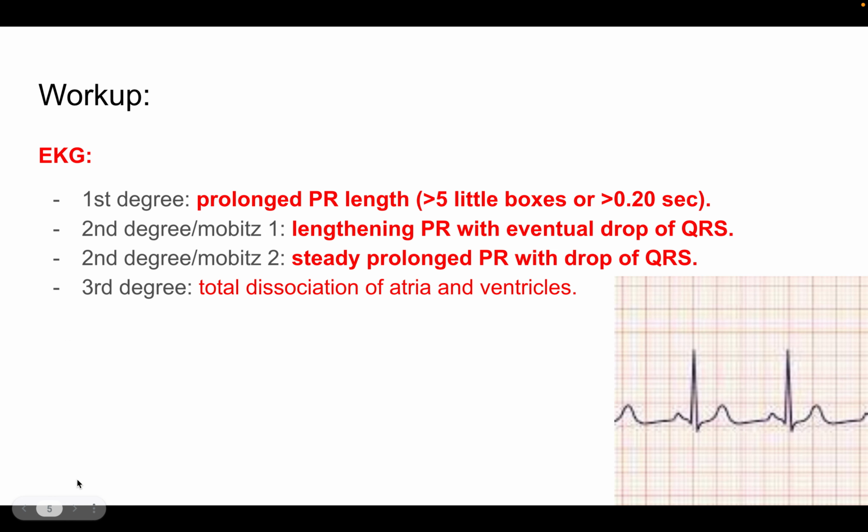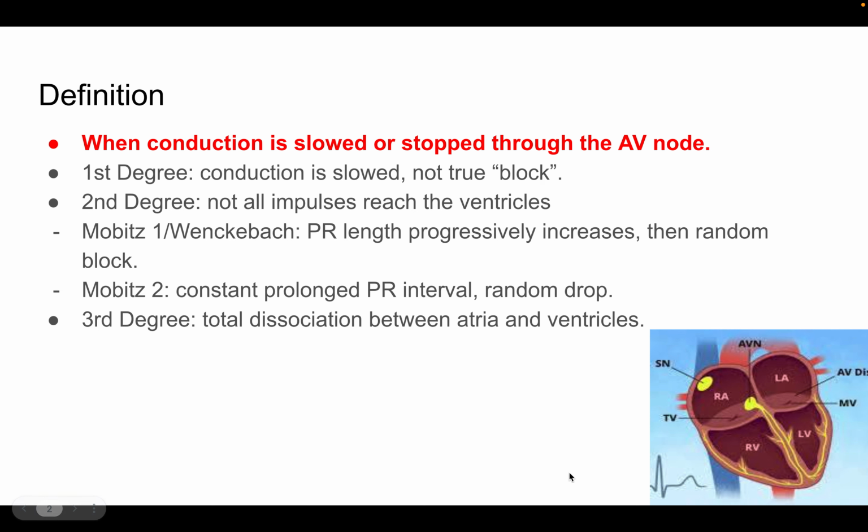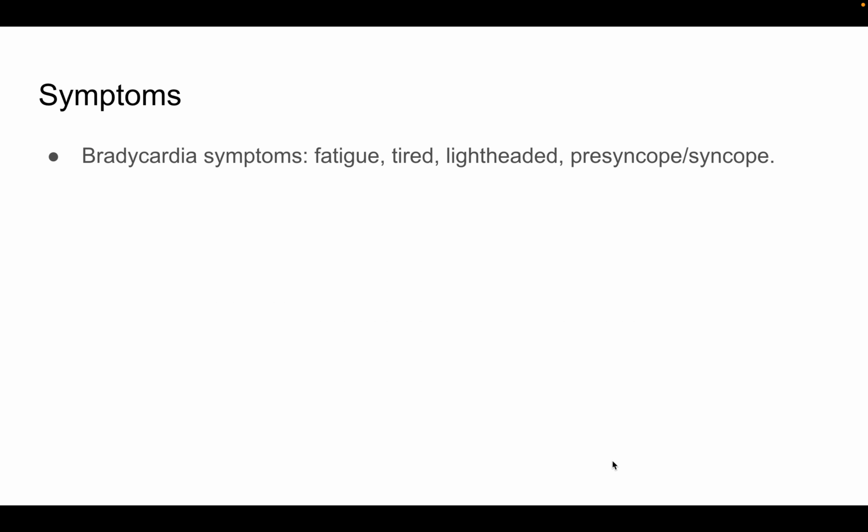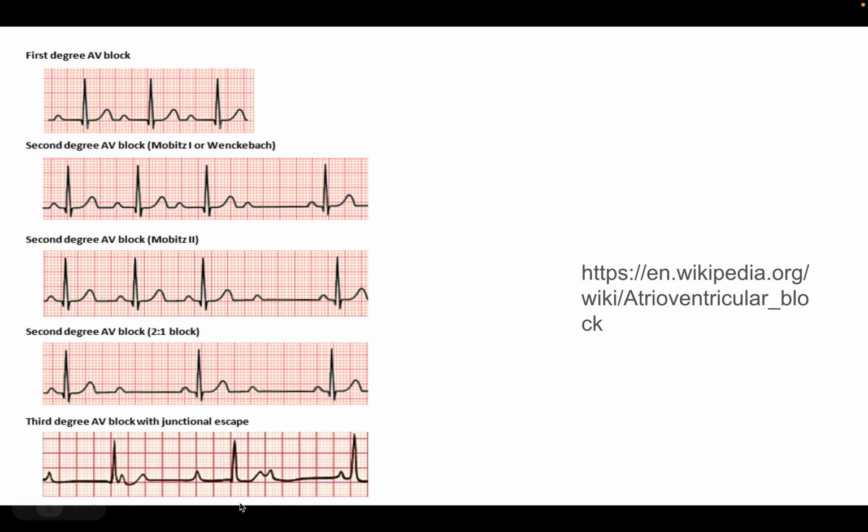So let me say this also. Your ventricle has the ability to generate a heartbeat if it notices the SA node's not doing its job, right? So when you have a third degree, you can have the ventricle starting the heartbeat, which would be the QRS first, correct? So let's just say that's a P wave. Well, there's no QRS, right? But then the ventricle's like, oh goodness, we don't have a heartbeat.